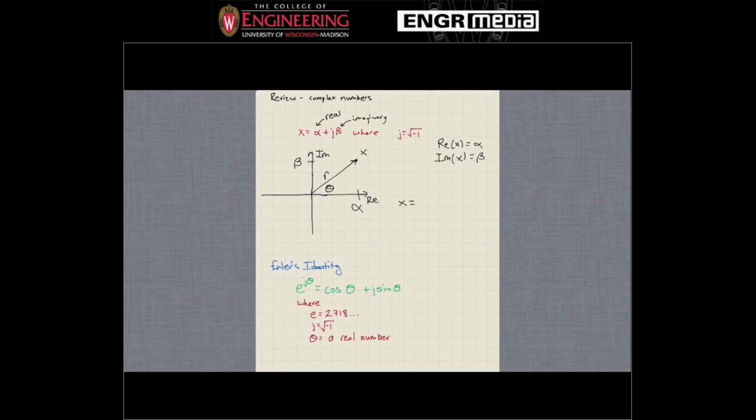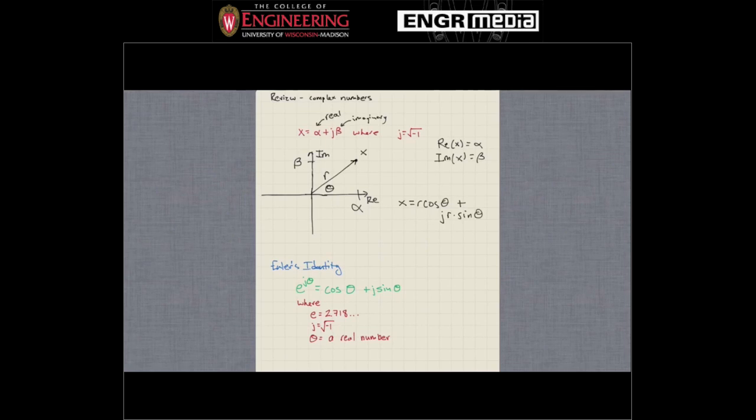Okay, so x is going to equal r times the cosine of theta, because that equals alpha, plus j times r times the sine of theta.